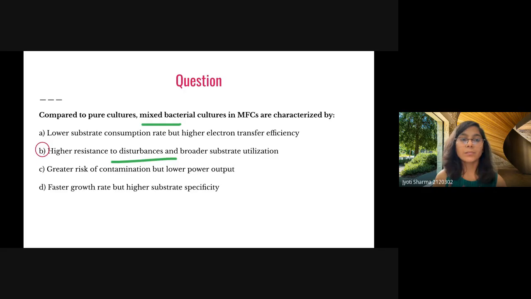Okay, so the next question is, which of the following is least likely to directly influence microbial fuel cell operation? Again, we have four options here: electrode material, type and composition of substrate, operating condition in anodic chamber, and shape of the external power circuit.